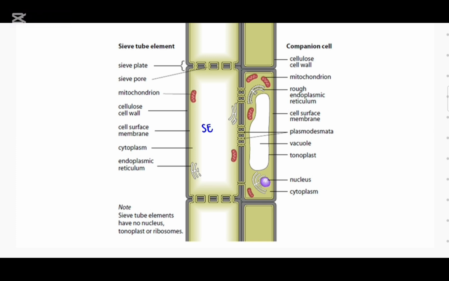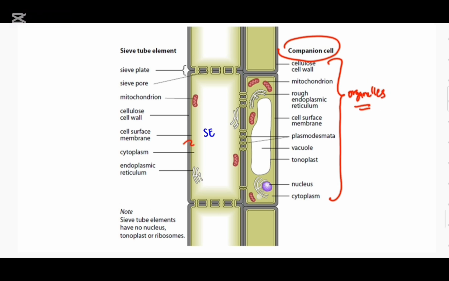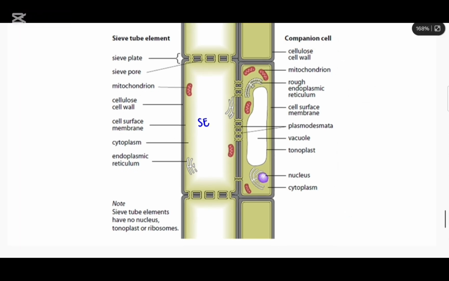On the right, the phloem sieve tube is always accompanied by a companion cell. Notice that most of the organelles are absent from the sieve tube element. Why? To ensure that sucrose or phloem sap can be easily transported along the phloem sieve tube.